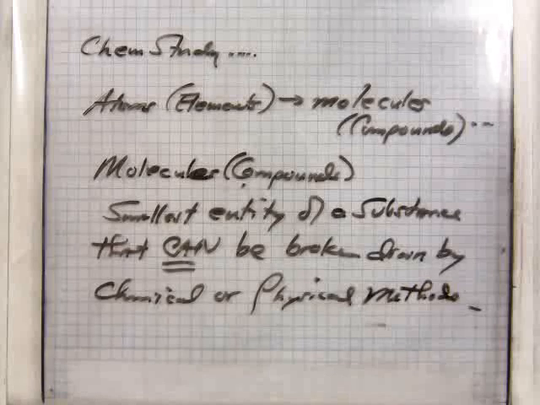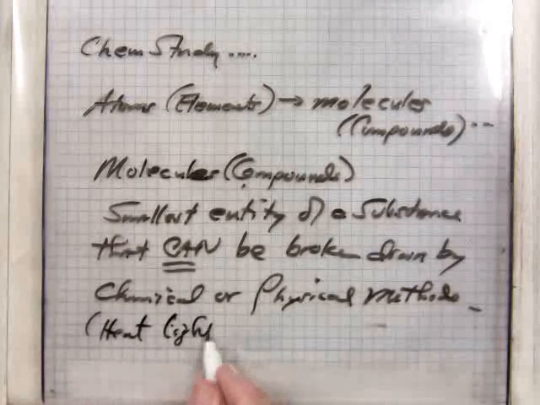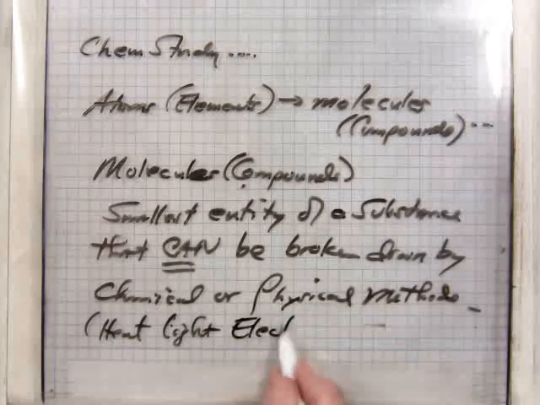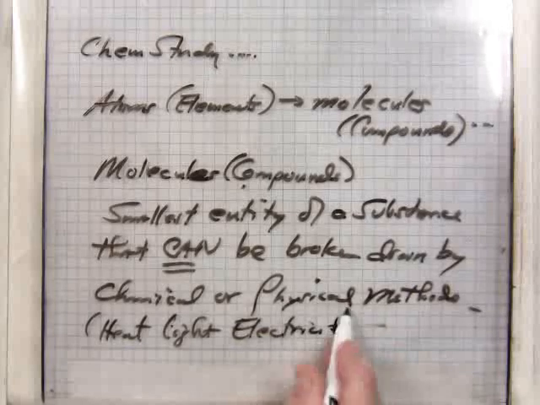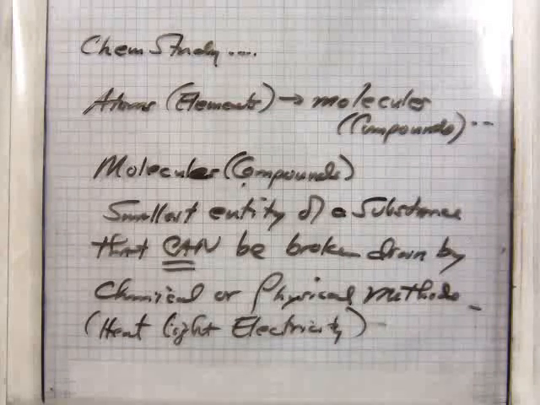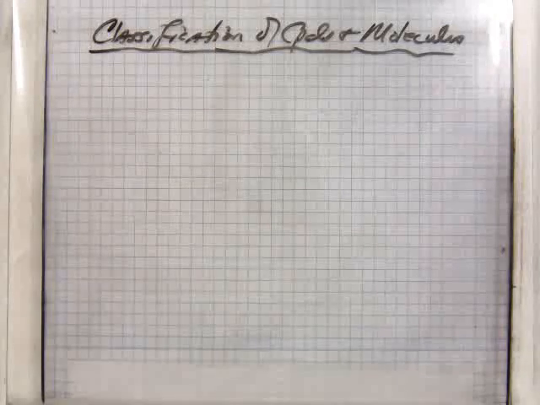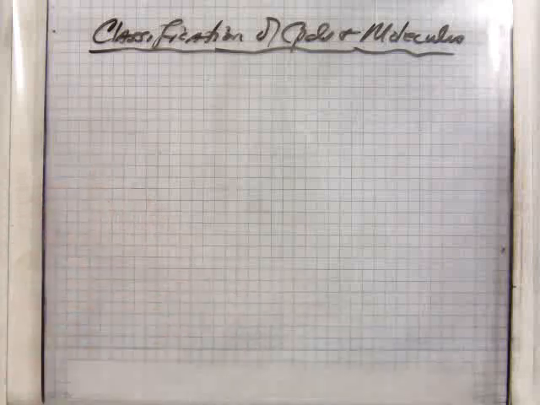And so that's heat, light, and electricity. Now, if you look at the handout that I gave you, it gives you kind of a classification of the types of compounds in the universe and how they are generally put together. Okay. So we start with a classification of compounds and molecules.